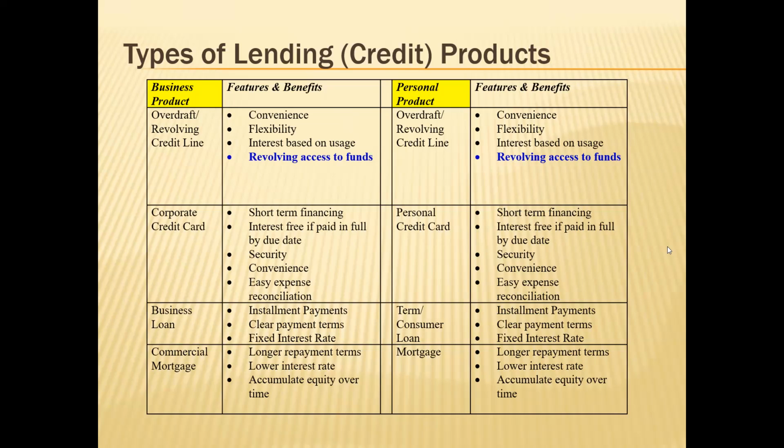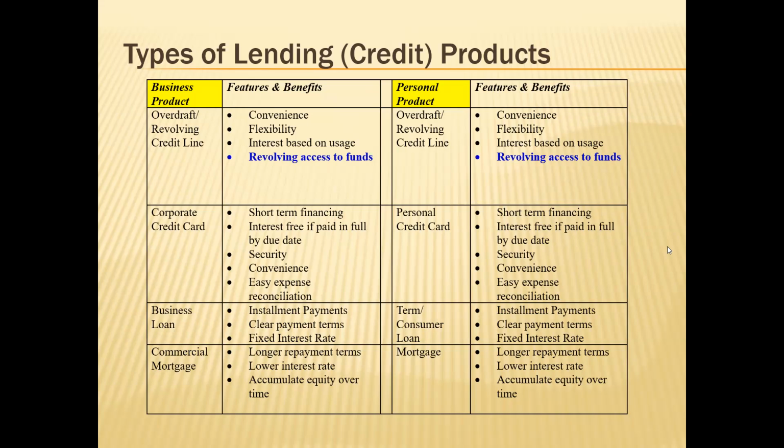So it's normally called the consumer loan for the individual, or the business loan for the business. It involves installment payments. It's not revolving. There are clear payment terms, so there's a certain amount of money that you have to pay. Okay.